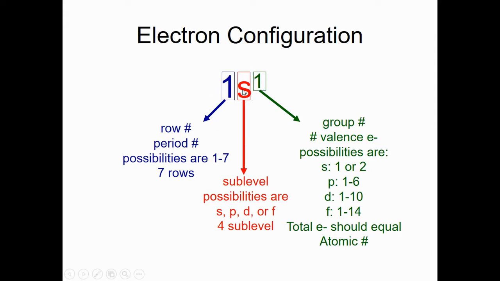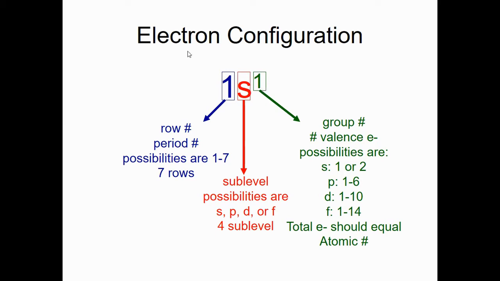If this letter is a d, the highest your number can be is 10. You have 5 d orbitals times 2, 10. And if your letter here is an f, the highest this number can be is 14, because there's 7 f orbitals, 2 electrons per orbital, 2 times 7 is 14.